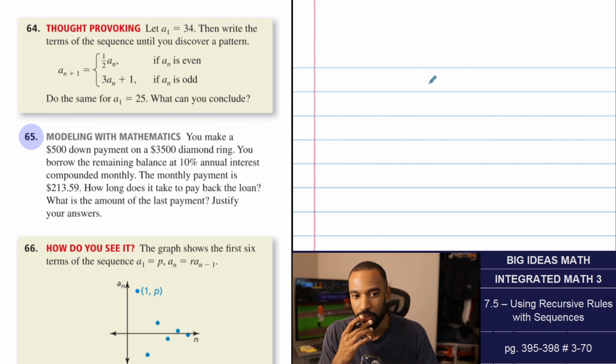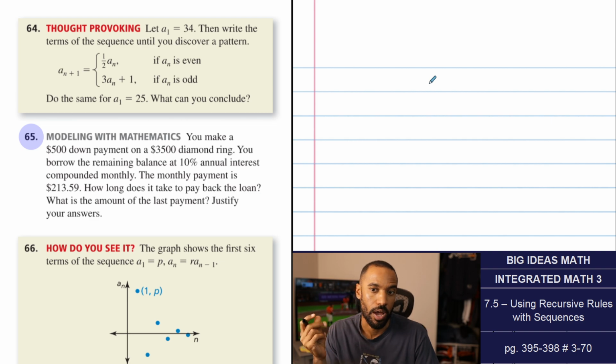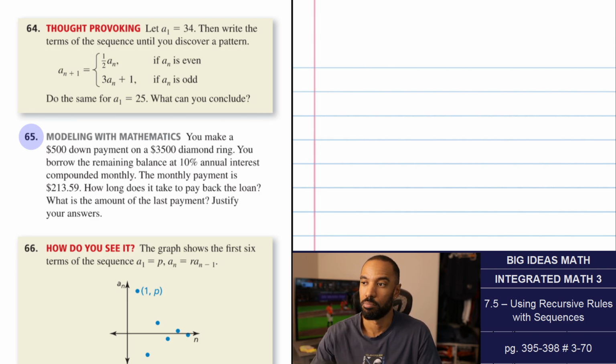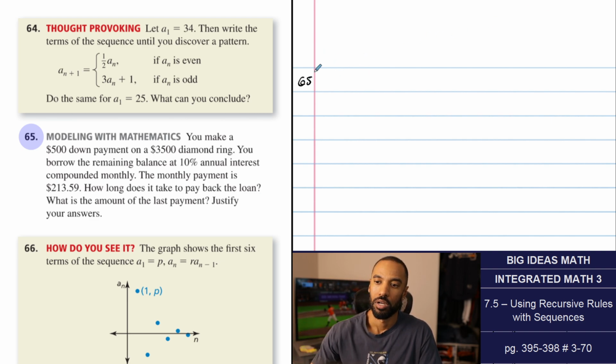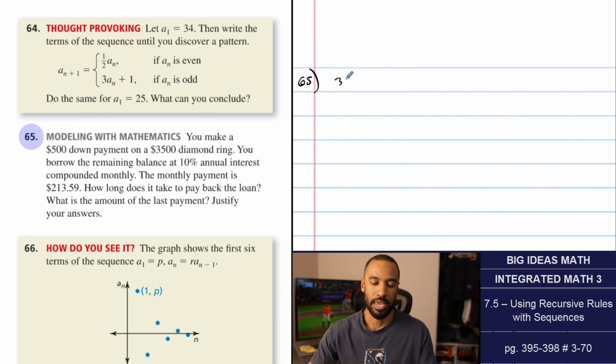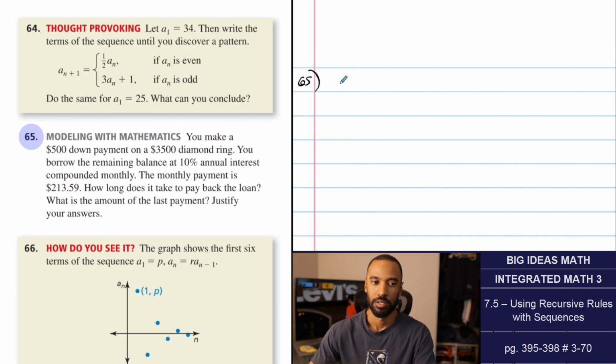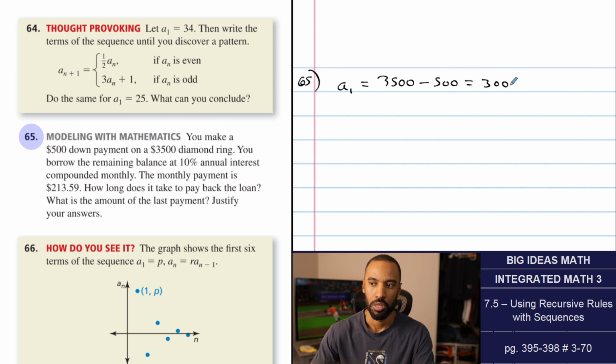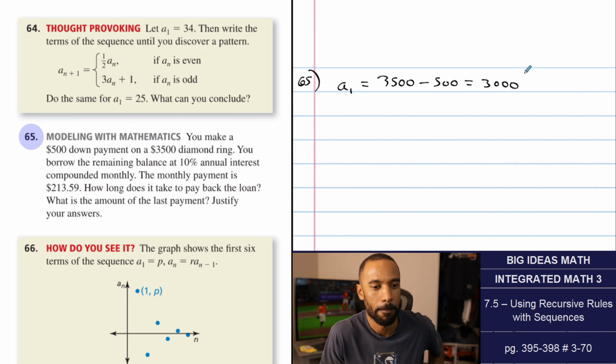$500 down payment on a $3,500 diamond ring. Okay, so I'm going to start at 3,000, pretty much. So a sub 1 is 3,500 minus 500, which is 3,000.